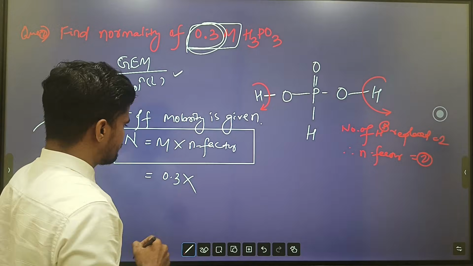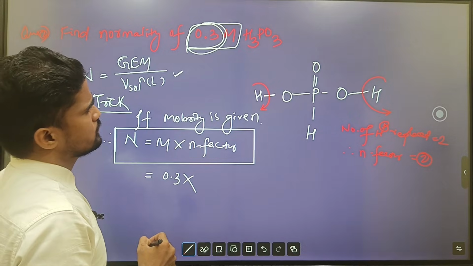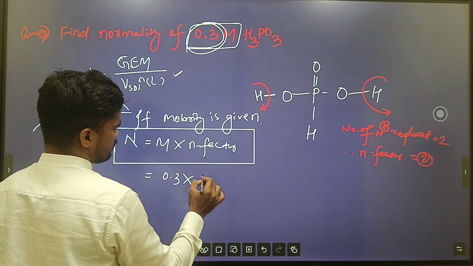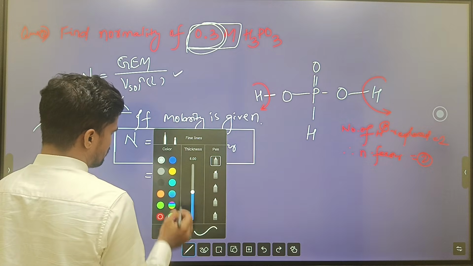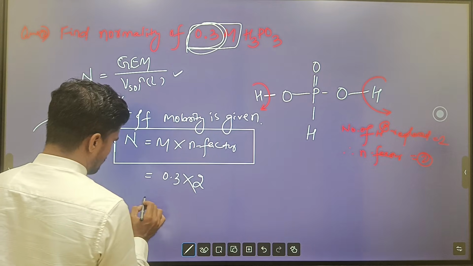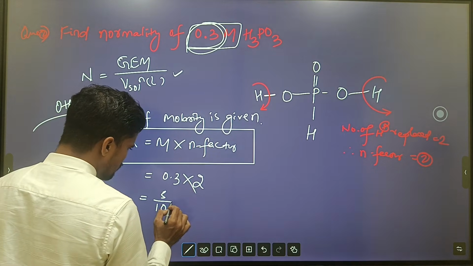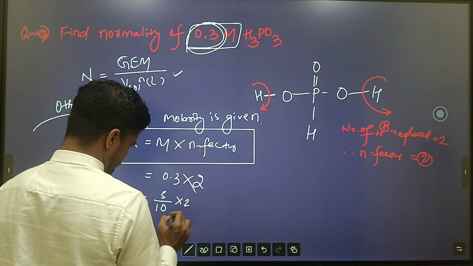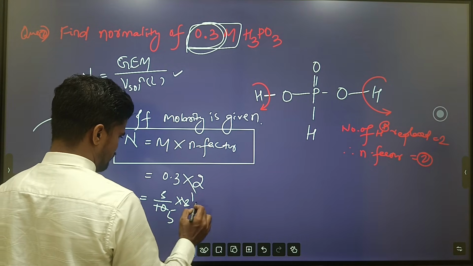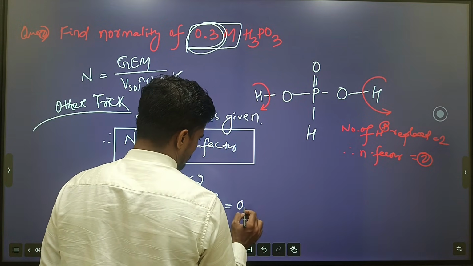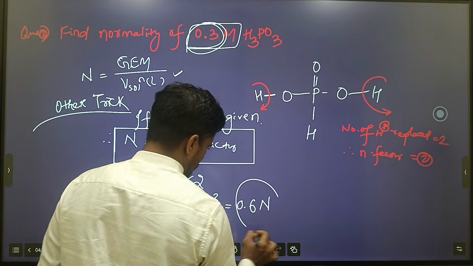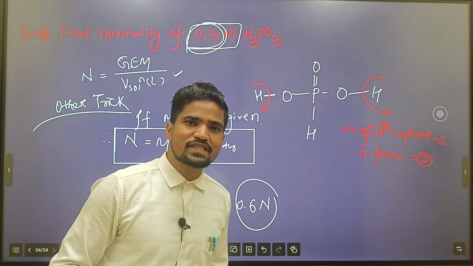That means 0.3 into 2. So it comes out 3 upon 10 into 2. Two fives are ten, 2 ones are 2, so 3 by 5 means 0.6 N. So the final answer is 0.6 N.